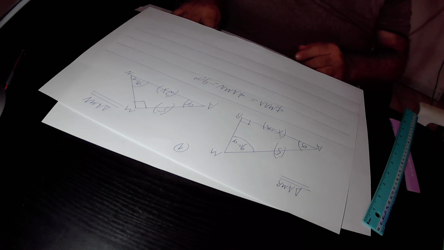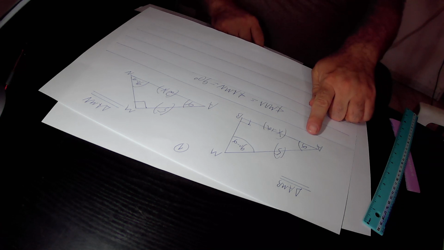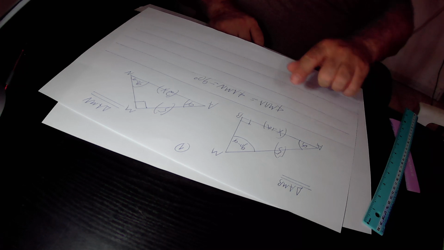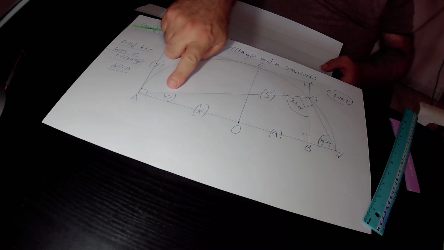In addition, this is angle A, that is a common angle that belongs to both triangles. So you can write down that angle A equals itself as a common angle that belongs to both triangles. You can see in the original drawing, this is angle A, that is a common angle.